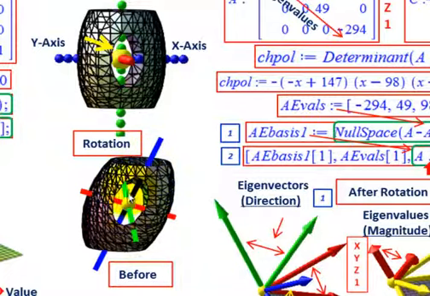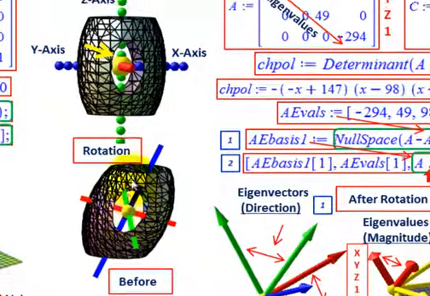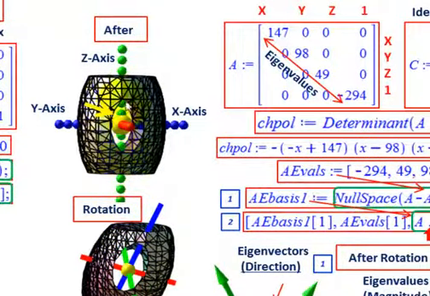In this case the eigenvectors had a decimal point less than 1 for the x, y and z coordinate positions. Those are the eigenvalues. And then after the rotation, this is what we came up with.